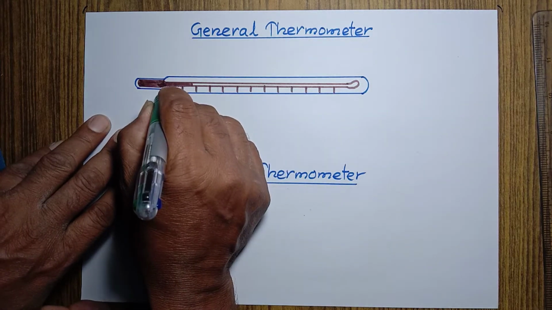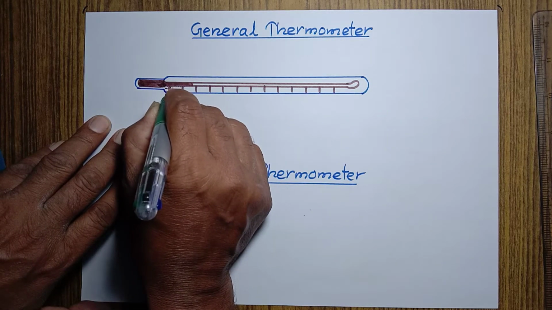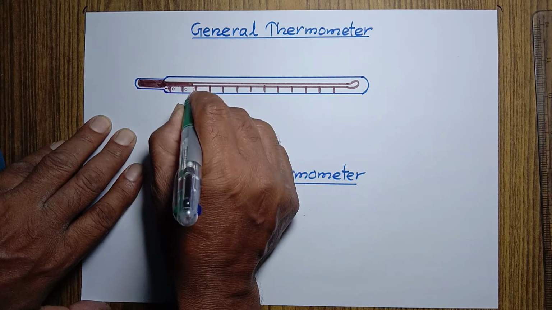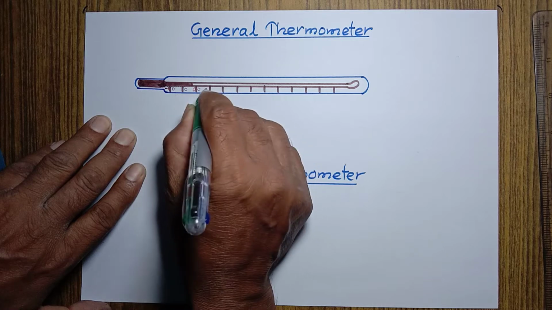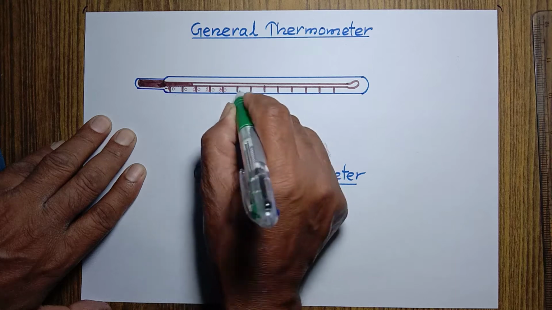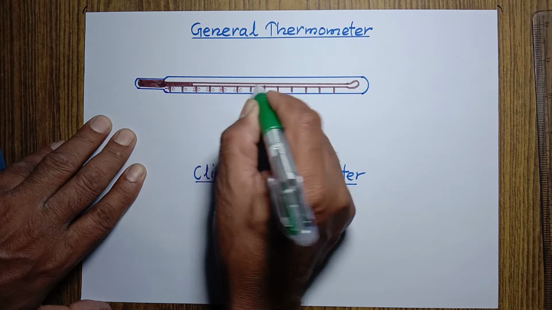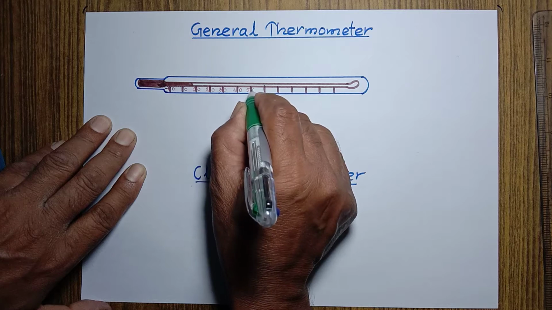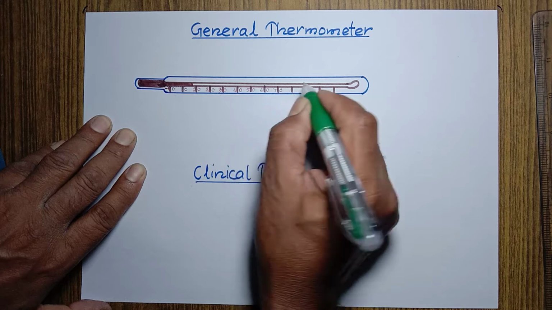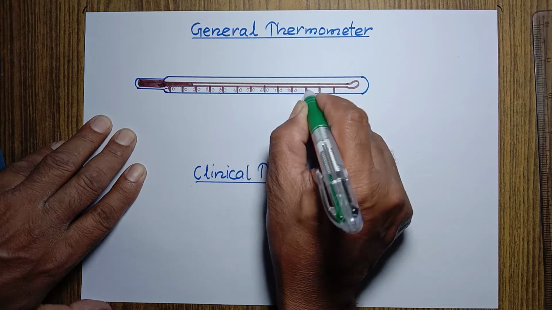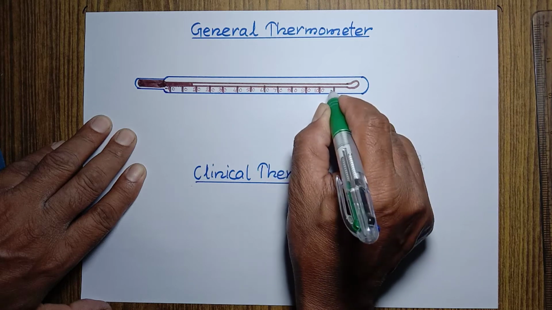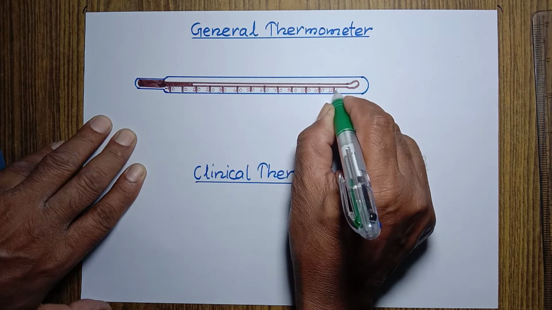This is -10, this is 0, this is 10, this is 20, 30, 40, 50, 60, 70, 80, 90, 100 and 110.